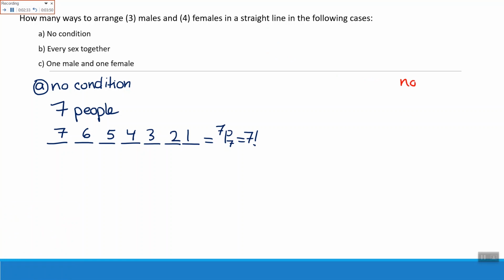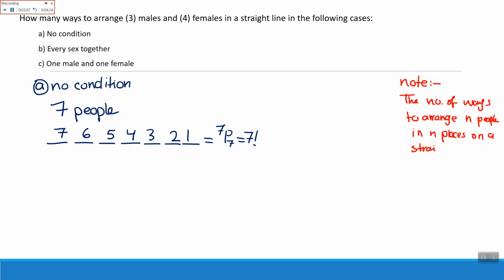Note, I want you always to notice the following: the number of ways to arrange n people in n places on a straight line is always n factorial.